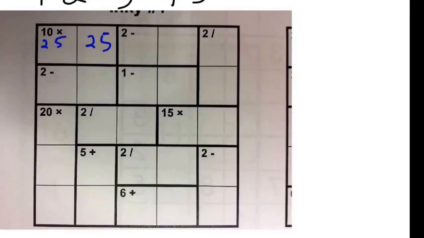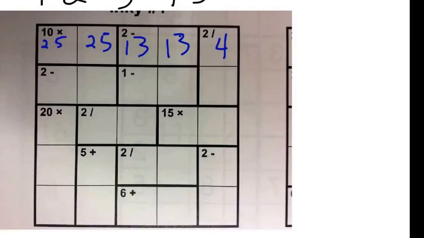And if we go to the one beside it, they have to subtract to give you 2. So we've already used 2 and 5, so that means out of the numbers that are left over, what would subtract to give us 2? So that would be a 1 or a 3. So those have to be a 1 or a 3, and then that means our last box would have to be a 4. Okay, and it says what 2 numbers divide to give you 4.